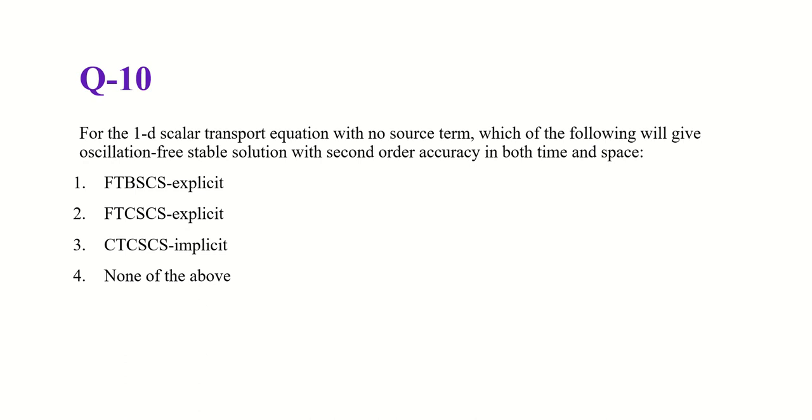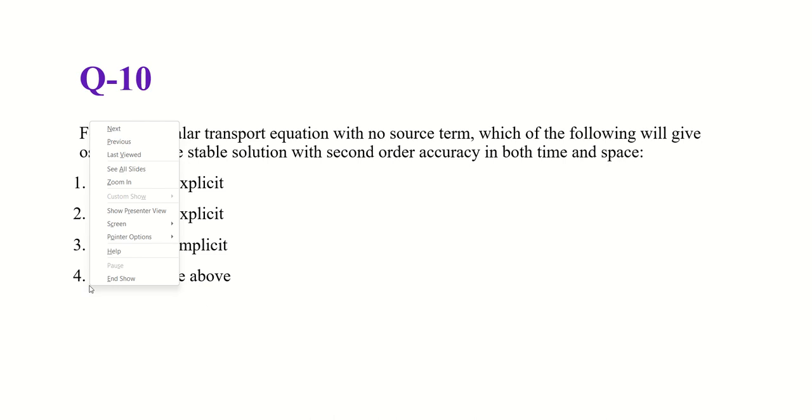It is accurate, second order accuracy it is having, but it is not stable. So it is not giving oscillation-free stable solution, because we could see that for previous FTCS itself it was not giving solution, therefore only upwinding was happening. So the answer to this problem is none of the above.